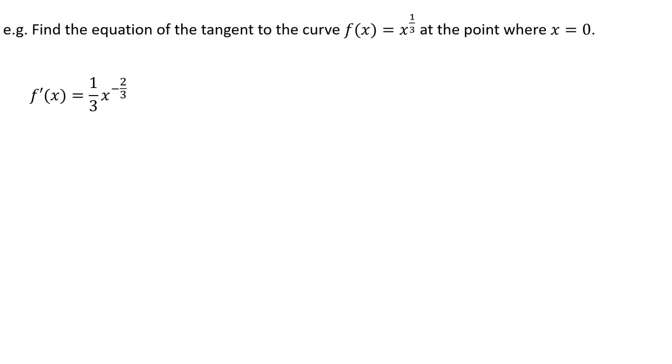When x equals 0, what that gives me is 1/3 times 1 over 0 to the power of 2/3. 0 to the power of anything is still 0. 1 over 0 is undefined. So our derivative isn't defined at x equals 0.